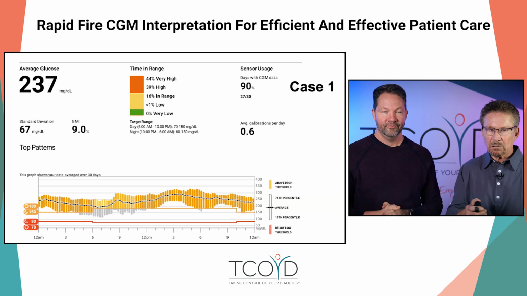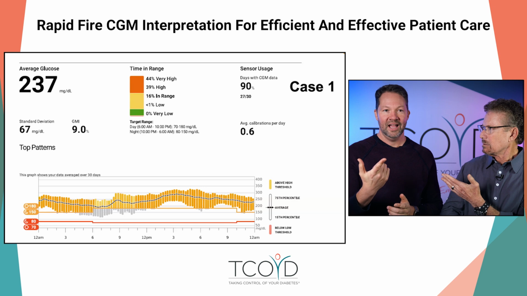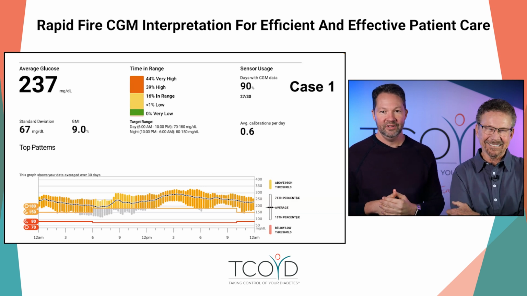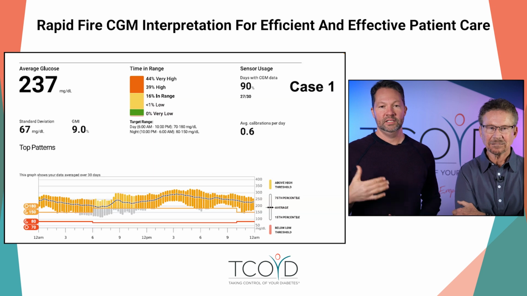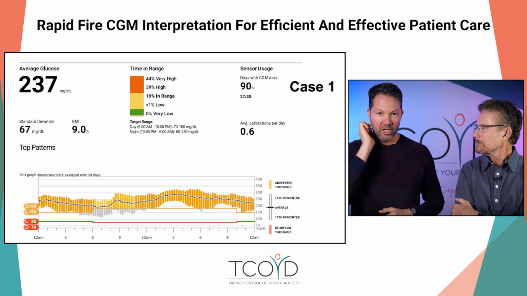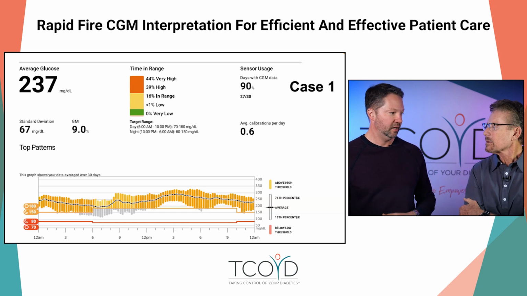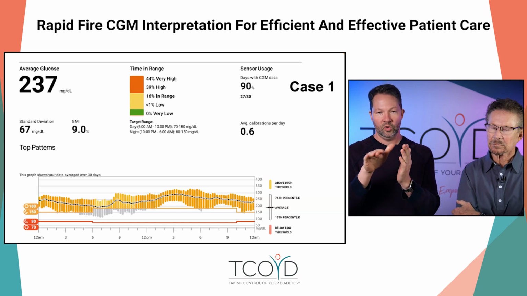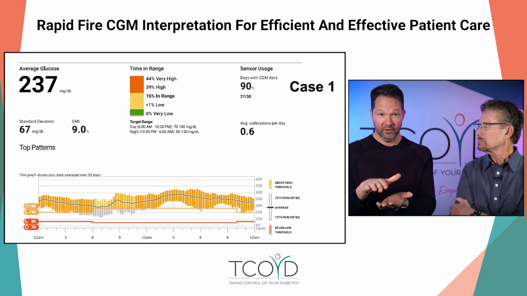You didn't mention glycemic variability, the standard deviation. Yeah, that's something I was going to talk about: the standard deviation isn't that bad. I see mostly type 1s, but when I see a download like this, a couple things go through my mind. First, I always think, is this person afraid of hypoglycemia? A lot of times you'll have patients almost actively maintaining hyperglycemia because they're deathly afraid of lows.